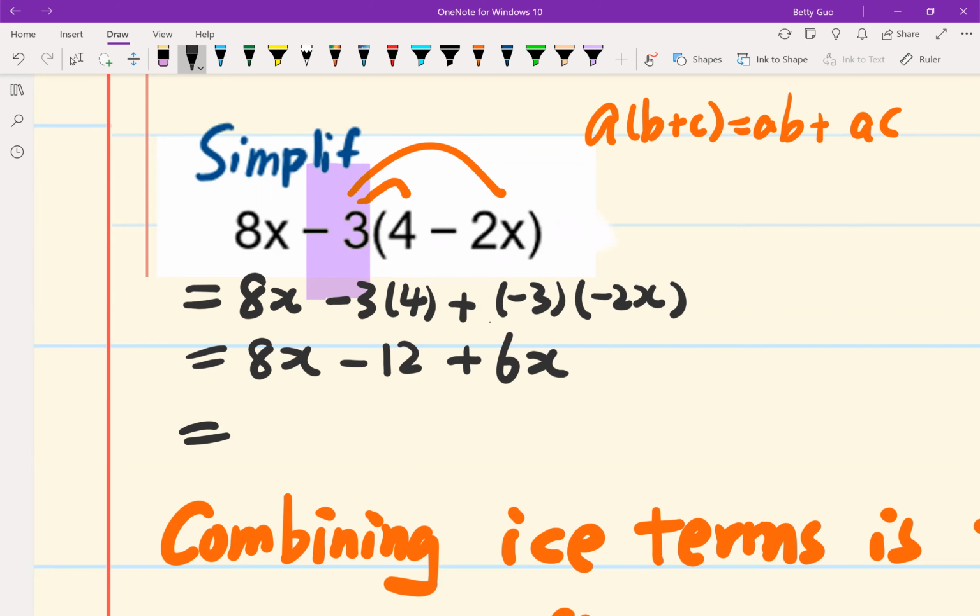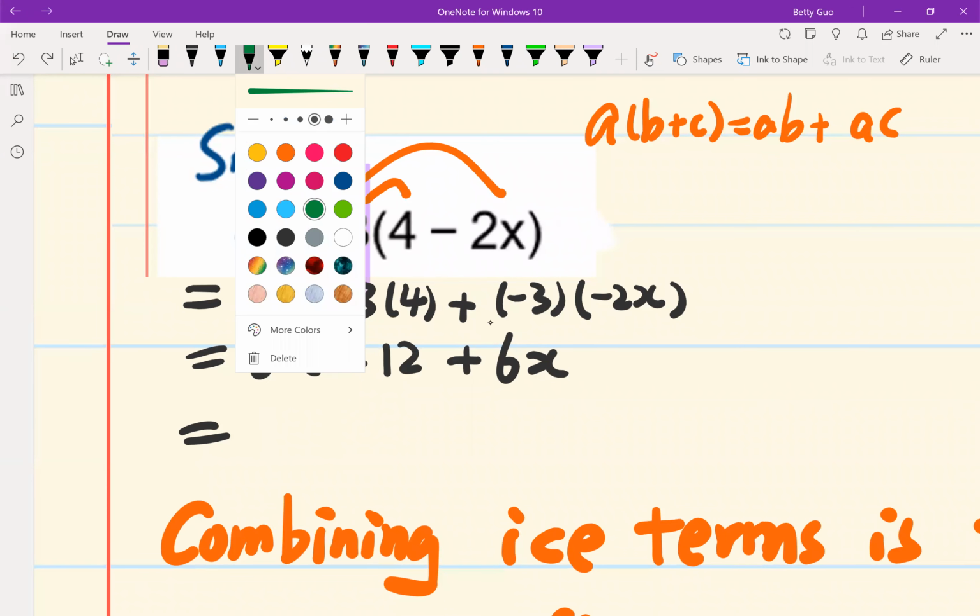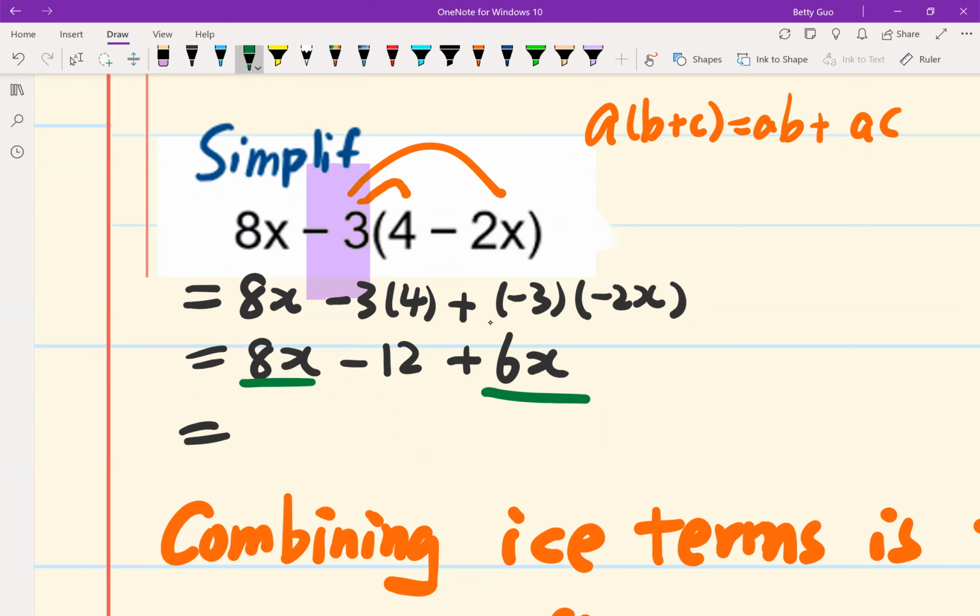Yes. You see 8x and 6x. They are like terms, right? How do we combine them? You have 8 apples, and then I give you 6 more apples. How many apples do you have? 14 apples, right?